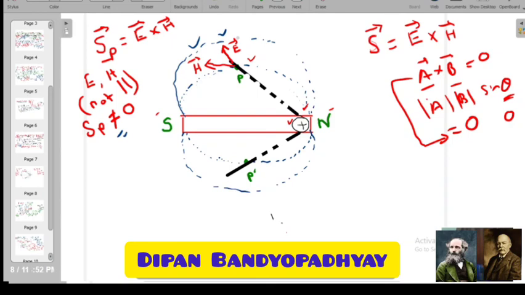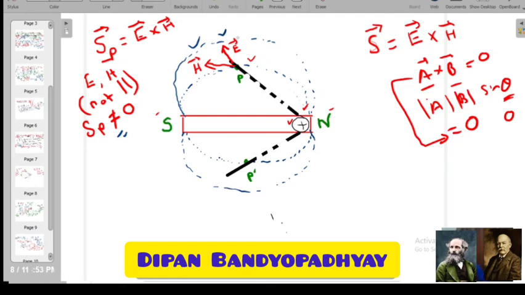That means if I say A and B, here we have E and H, the direction of this Poynting vector should be perpendicular to both E and H. Okay, that is, for this case it will be outward from the plane of the paper.